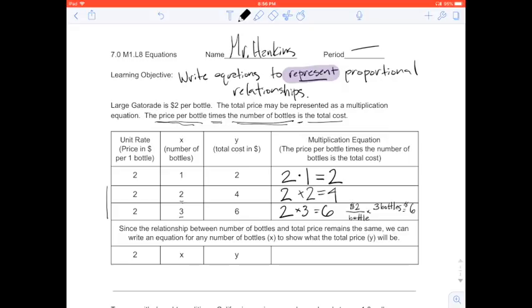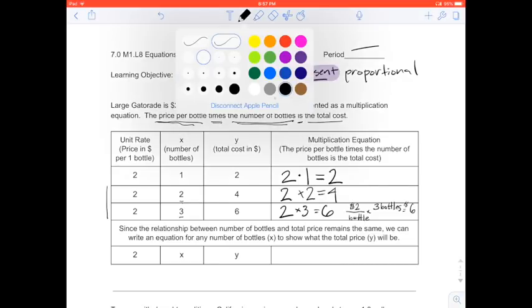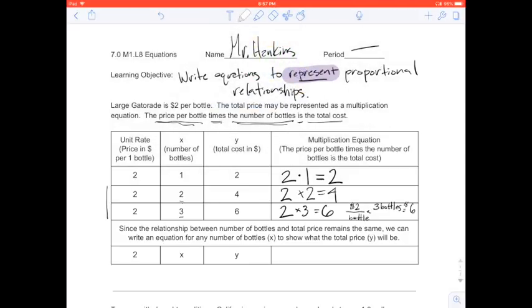The last one is the one where we need to take a little bit of a leap. But first off, let me show you a little something that may help. So we've seen that if we get one bottle, it's $2 per bottle, $2. 2 bottles, $2 a bottle, $4.